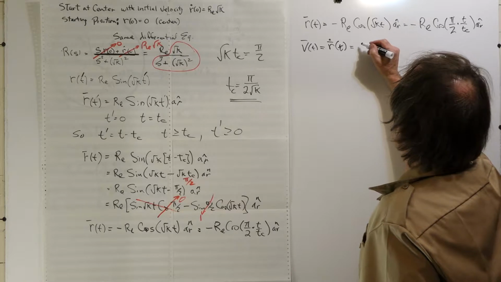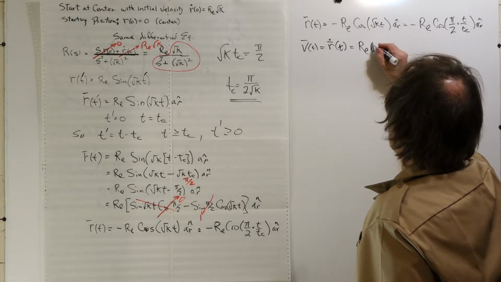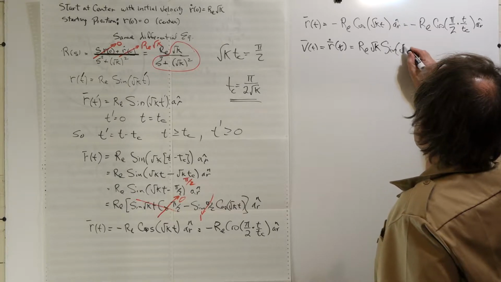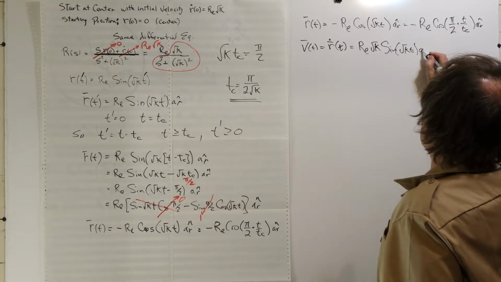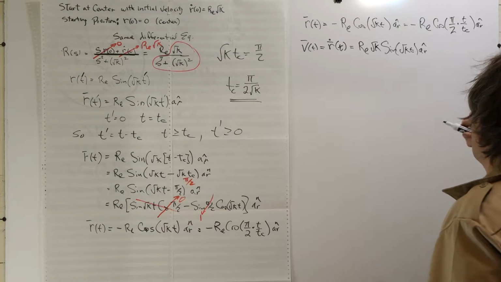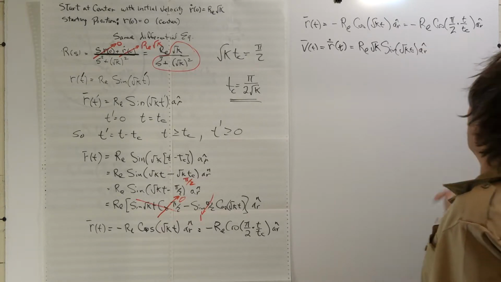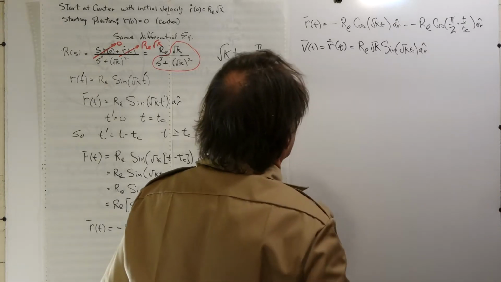So this becomes radius of the Earth, square root of k, times the sine of square root of k t in the a_r direction. Or we can write this with that form there too.